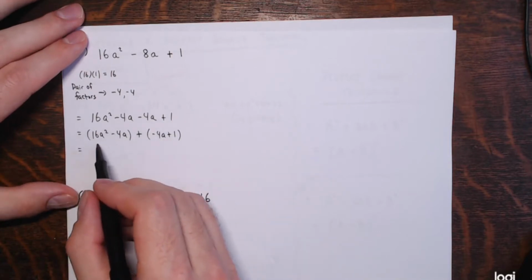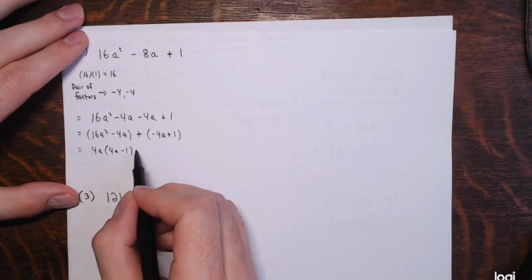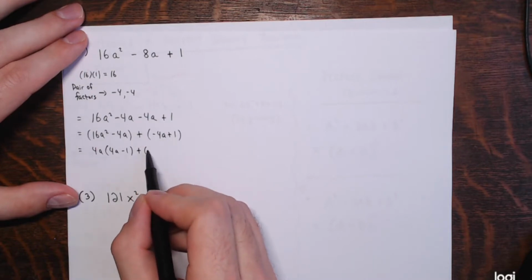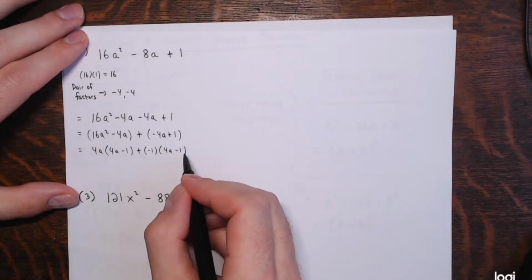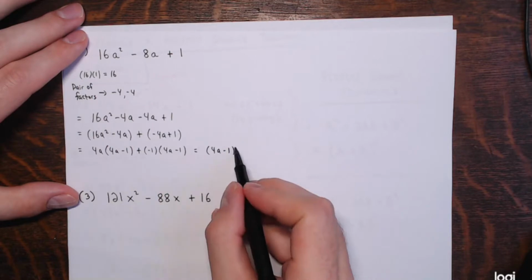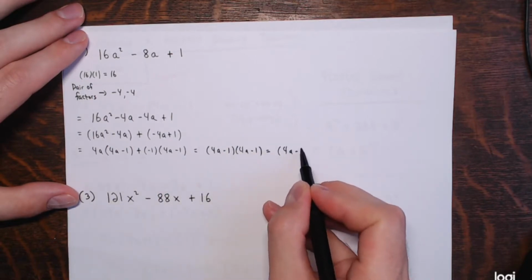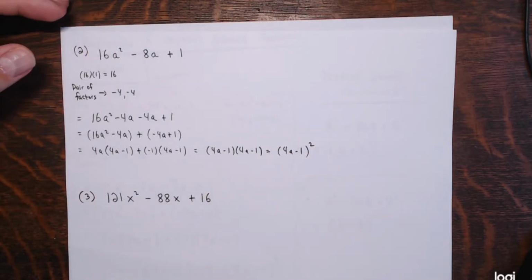Factor out of the first group 4a, times 4a minus 1, plus the second group, which has a greatest common factor of 1, but the lead was negative, so I pull out -1, and you'll have 4a minus 1 left over. I end up with 4a minus 1 times 4a minus 1, or 4a minus 1 to the second power. A perfect square.